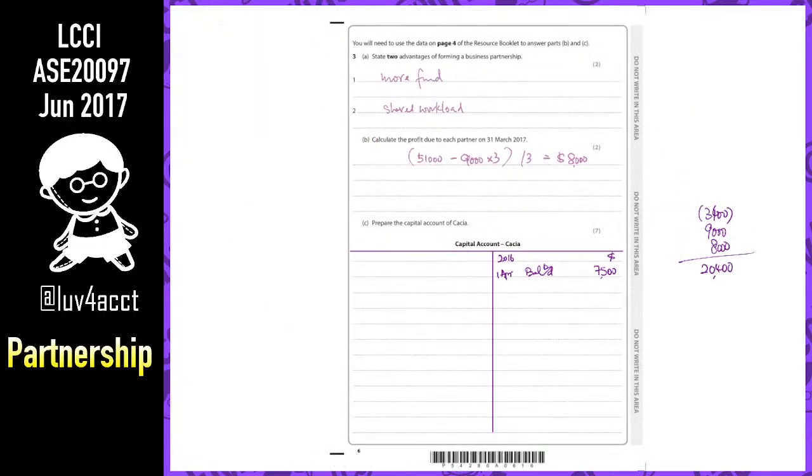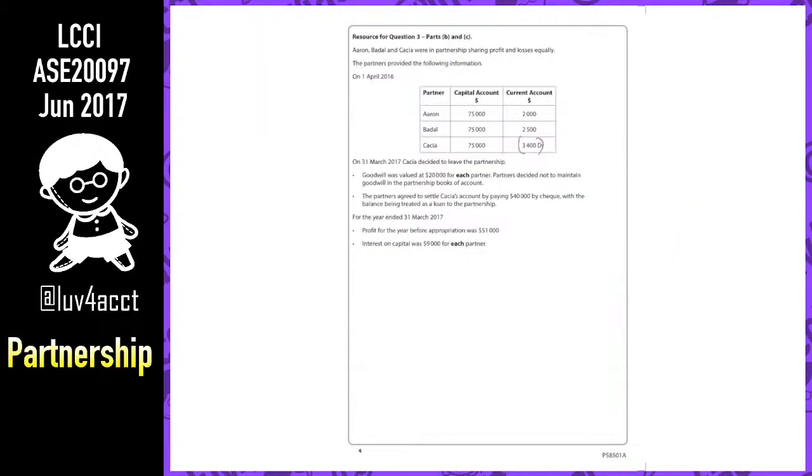Do you have any drawings? 34,000, 9,000. Let me see, 34,000 minus 17,000 plus 3,400.